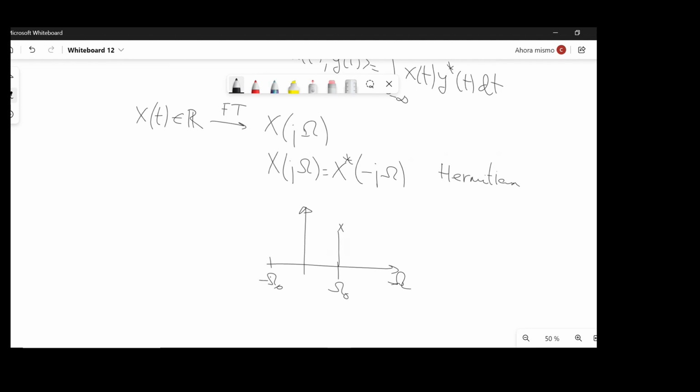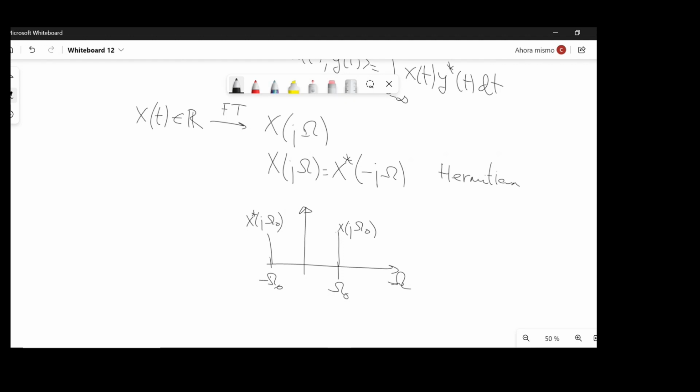Whatever number I have there, here I should have the complex conjugate at minus omega. So at this point, what I should have is this one.